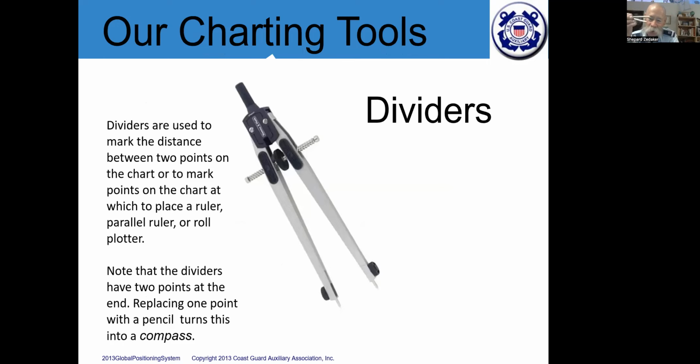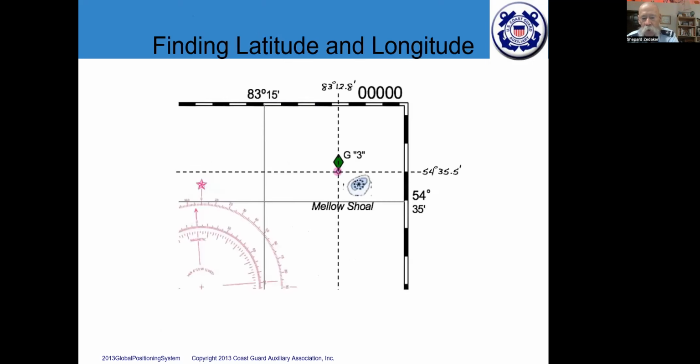Dividers are really neat tools because they let you mark points on a chart. They can draw circles if you replace one of the points with a pencil, okay? And also they let you know the distance between 2 points on a chart if you know the scale, or you can lay them up against the side of a chart with regard to the latitude, because that's the only measure that actually works.